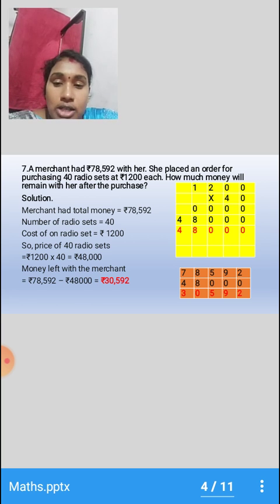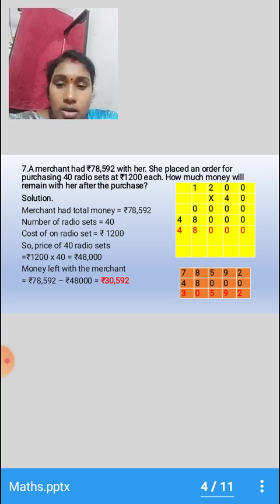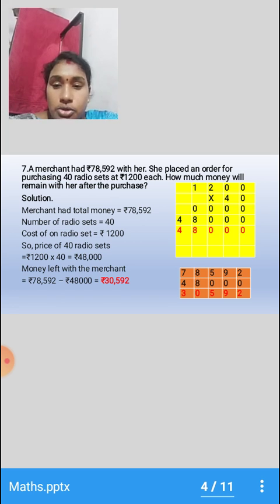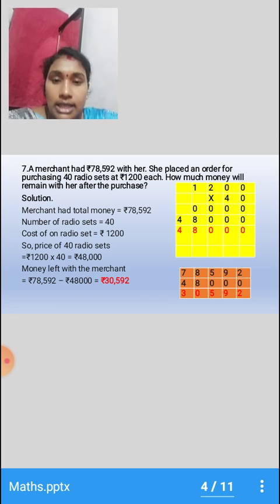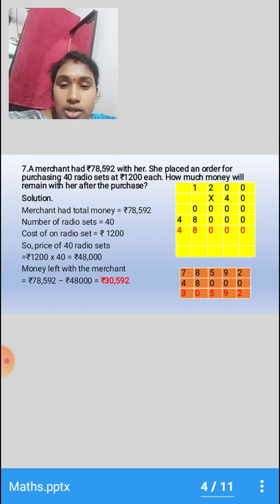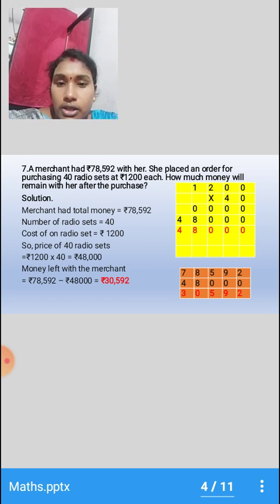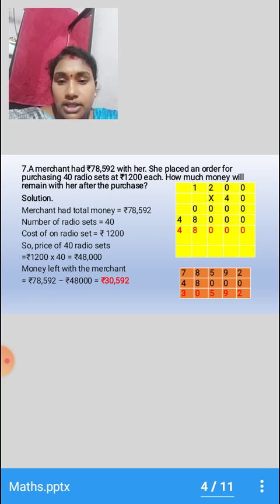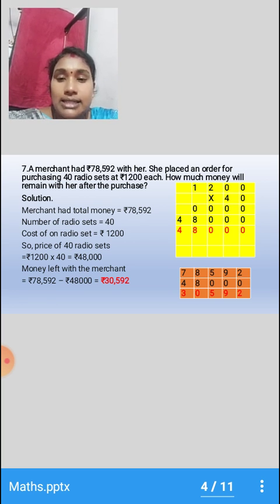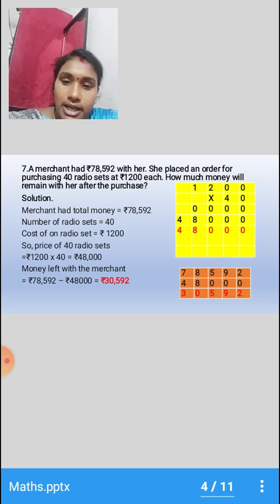So first you have to find out how much you have spent, and then you have to find out how much is remaining. To find out how much you have spent, you have to multiply 1,200 into 40. So the answer will be 48,000, right?